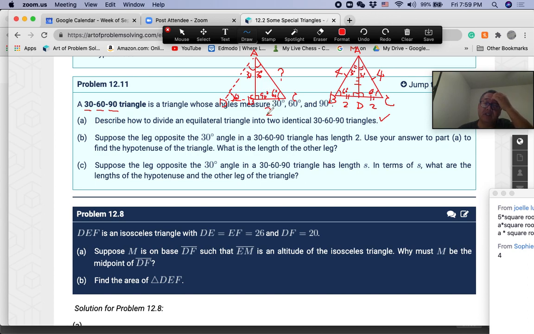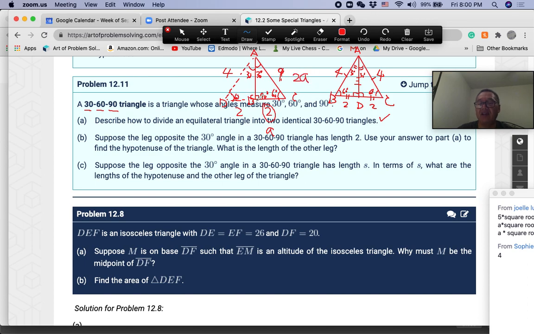So if this DC equals 2, here will be 2, that means the other two sides will equal 4. So by this way, we can get the hypotenuse of this special right triangle very easily. Just multiply by 2 the length of the side opposite the 30 degree angle. Then you get the length of the hypotenuse. That's 4. Then if we extend this further, suppose we give this length A, then the hypotenuse length will be 2 times A.